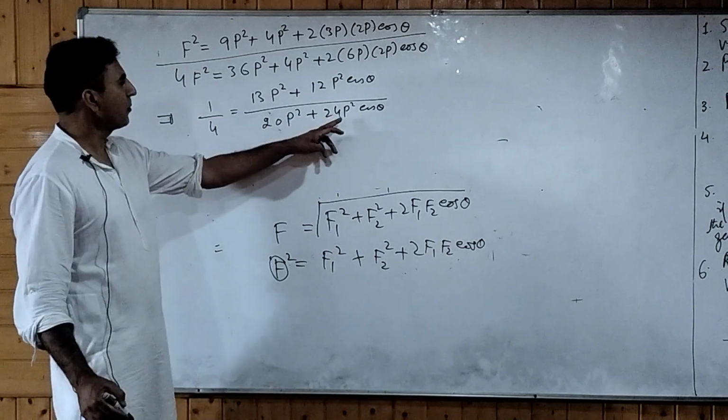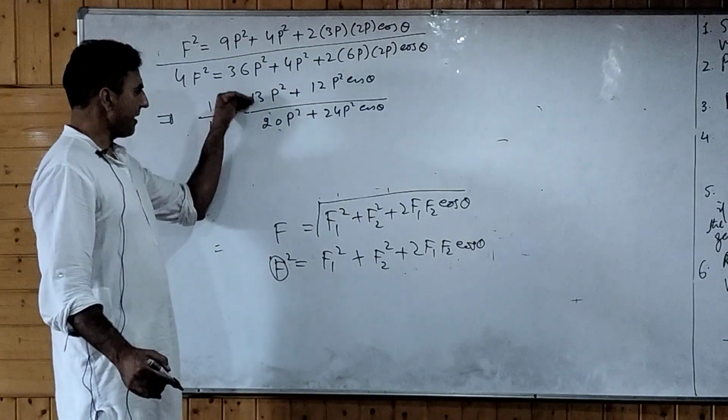So if I take p square common here, that will cancel off.